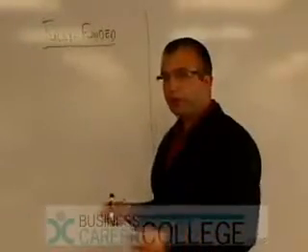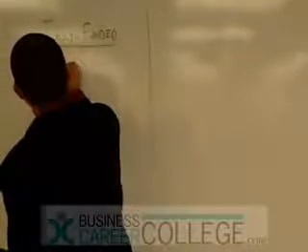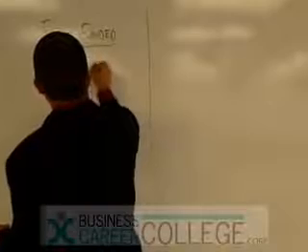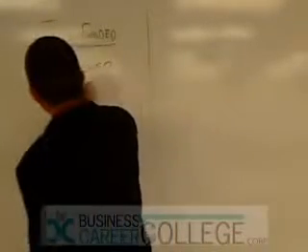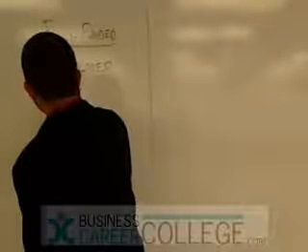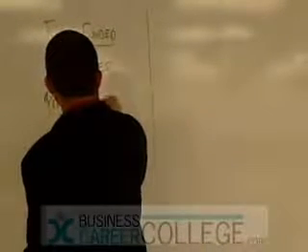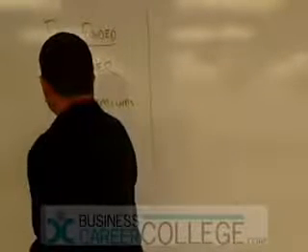In the fully funded method of group insurance, we have an employer, and this should look familiar to you. This is not a complicated idea. An employer who pays premiums to an insurer.